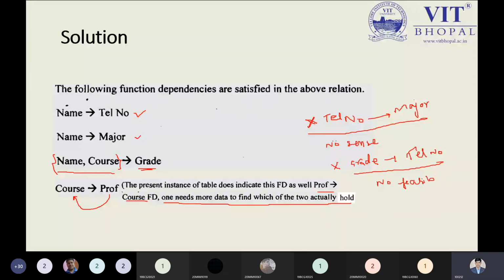There's no feasibility between these two attributes. So that is the point people are required to understand. This is a functional dependency, and there is no specific algorithm that exists, as I told you yesterday.